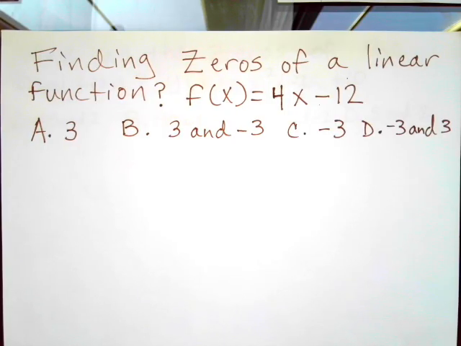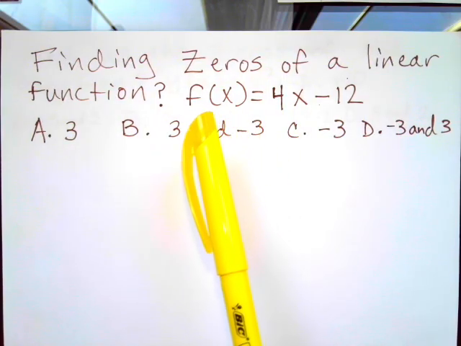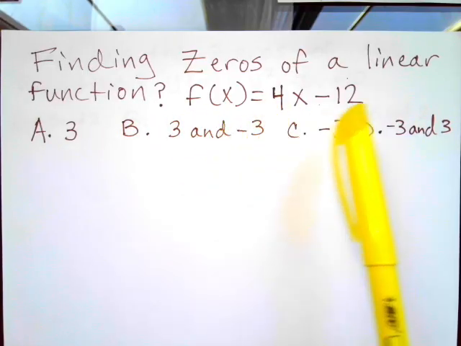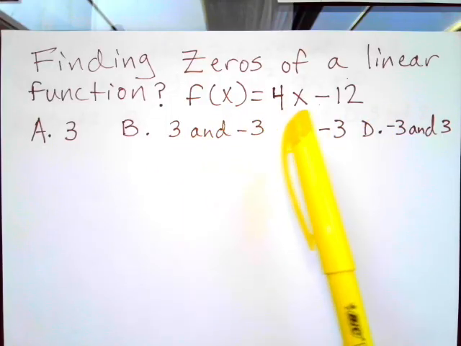And like I had mentioned earlier, I'd like to bring a number of different test questions that you will see on your exam regarding finding the zero or zeros of a linear function. This is an example of a function. And these different types of functions require that you do one of two things.